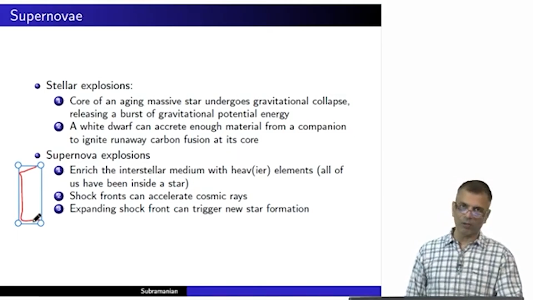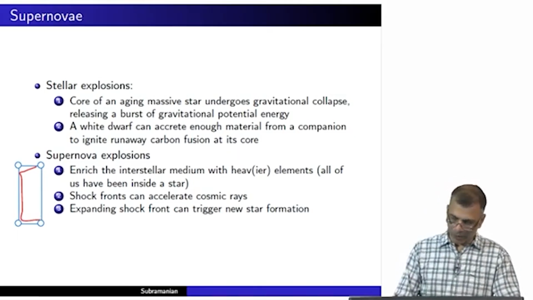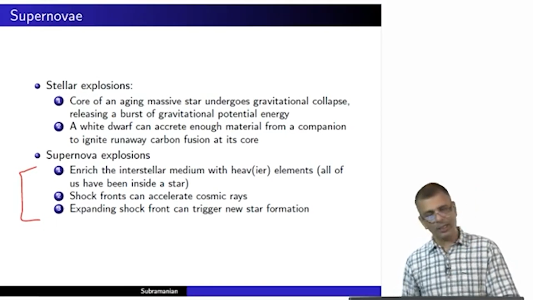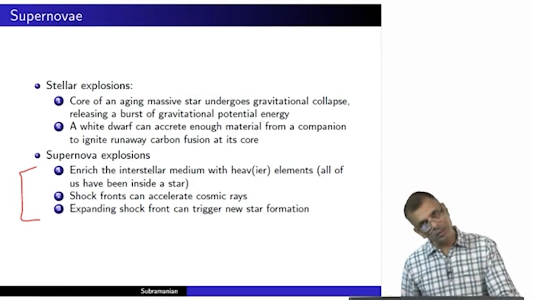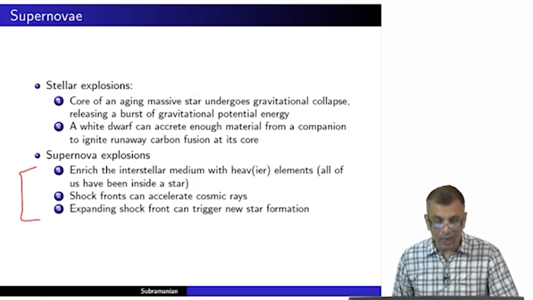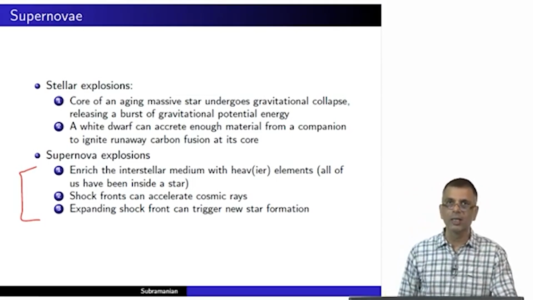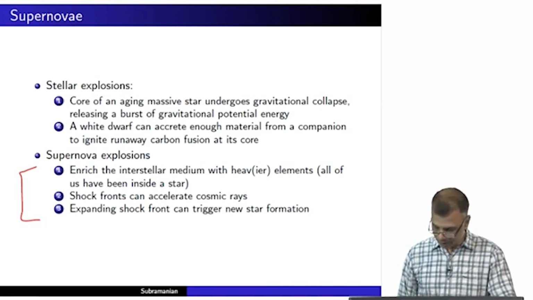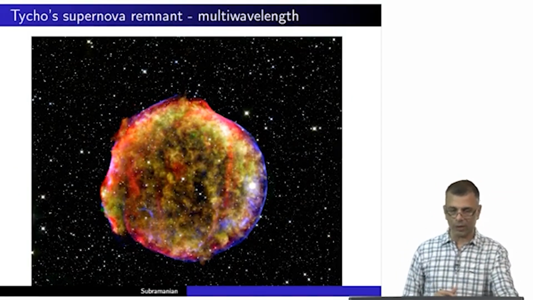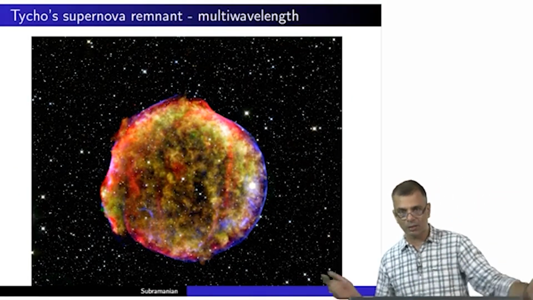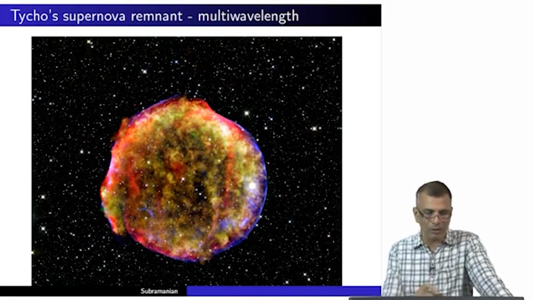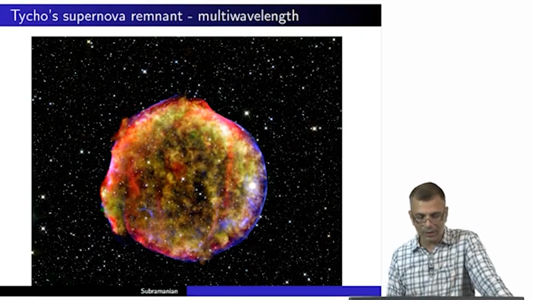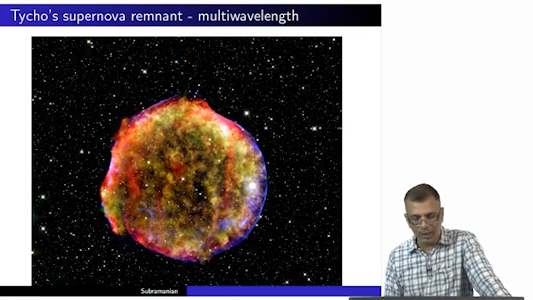But for us in a fluid dynamics class, we simply want to understand the evolution of the shock front, and to a slightly lesser degree try to understand how these shock fronts result in particle acceleration. And here are some pretty pictures. This is not all just speculation. This is one particular supernova remnant called Tycho supernova remnant, and this is a multi-wavelength picture of it.